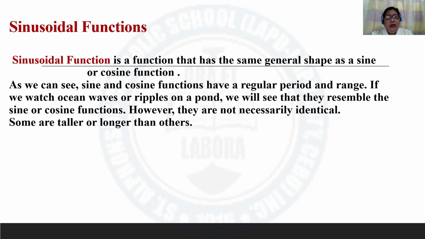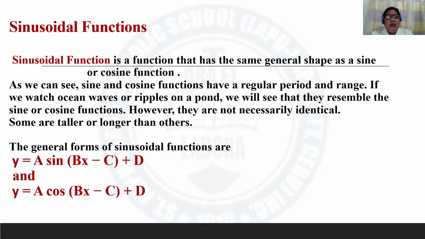However, they are not necessarily identical. Some are taller or longer than the others. Then we can have the general form of sinusoidal functions: y is equal to a sine of the quantity bx minus c plus d, and y is equal to a cosine of bx minus c plus d.